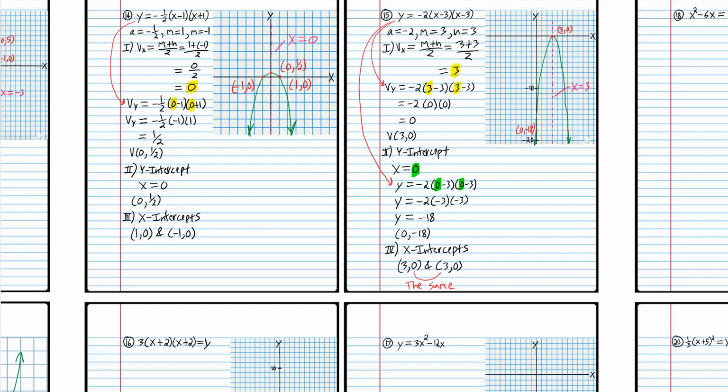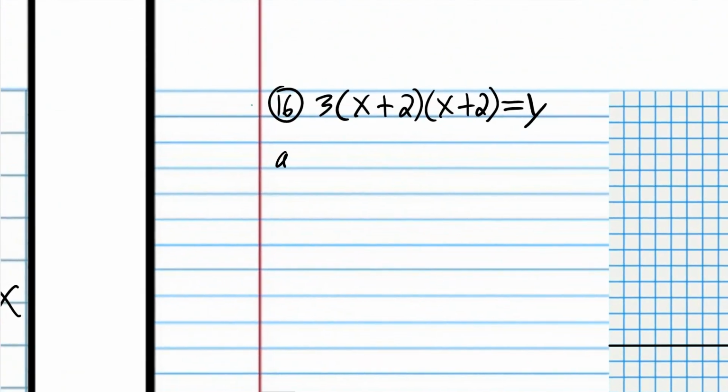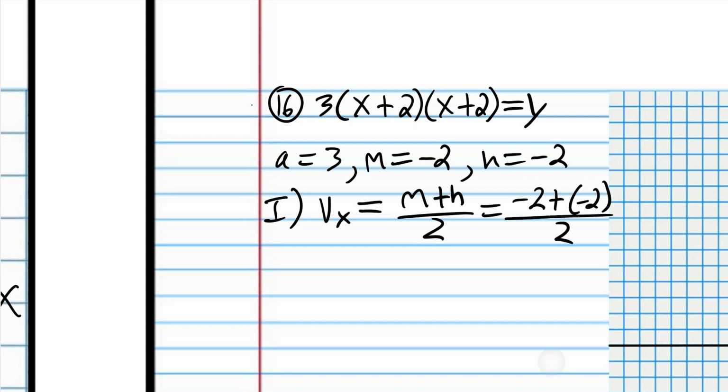All right, we're back. So we're going to label constants as usual. And of course, we're going to find the most important point on a parabola, which is the vertex. To do that, we're going to first find the x value of the vertex, and we're going to use that special formula. And we get negative 4 over 2, which is negative 2.